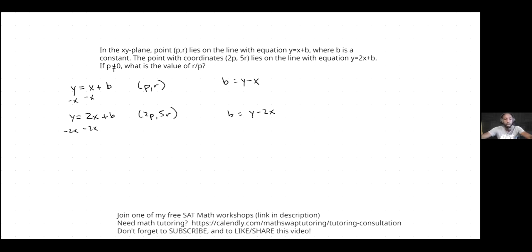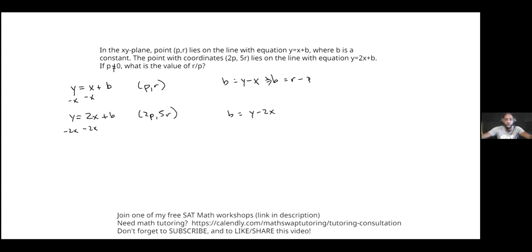Okay. Now, if this is a point that's on this line, and this is a point that's on this line, then if I plug it in, it makes it true. So let's plug this in. So x is p, y is r. So if I plug it in, B is going to be equal to r minus p, since x is p.